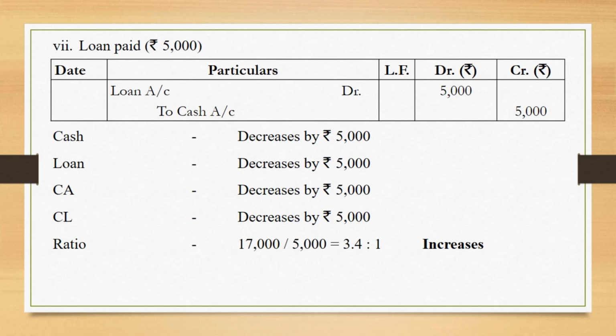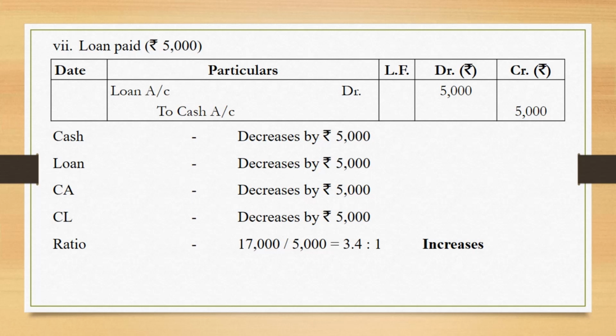Next, loan paid, rupees 5,000. All these are assumed values. When we are repaying the loan, the entry is loan account debited to cash account, and the amount is rupees 5,000. We have paid, so cash decreases by 5,000.